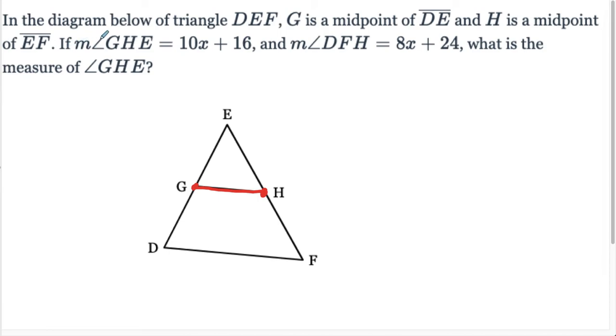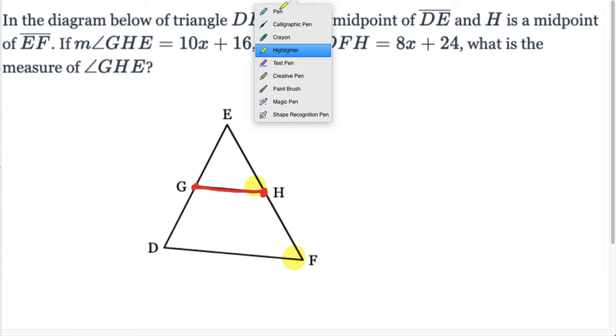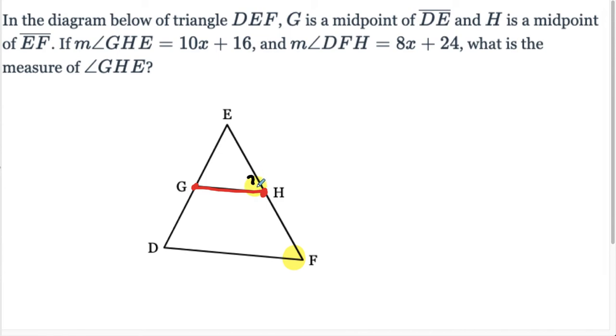If the measure of angle GHE, so this corner, is measured at 10x plus 16, and the measure of DFH, so this corner, is measured at 8x plus 24, then what's the measure of angle GHE? What is the measure of this angle?